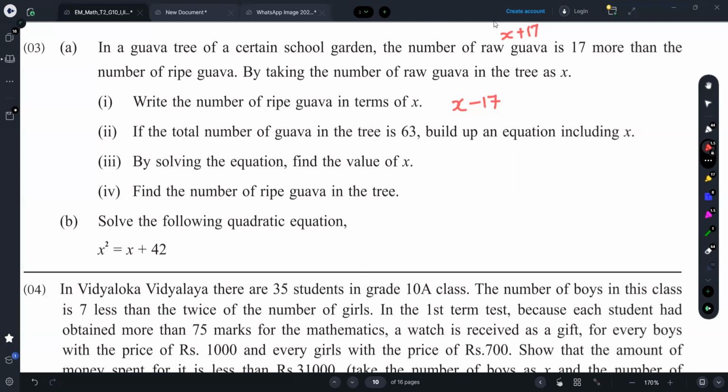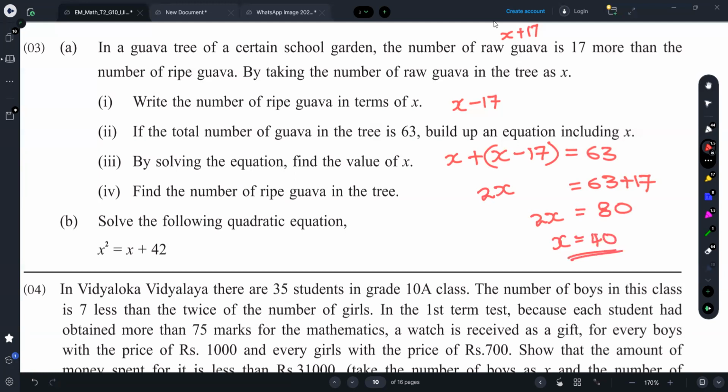Then x plus x minus 17 is 63. x plus x is 2x equals 63 plus 17. 2x equals 80. Therefore, x equals 40. That is the answer for the third part.